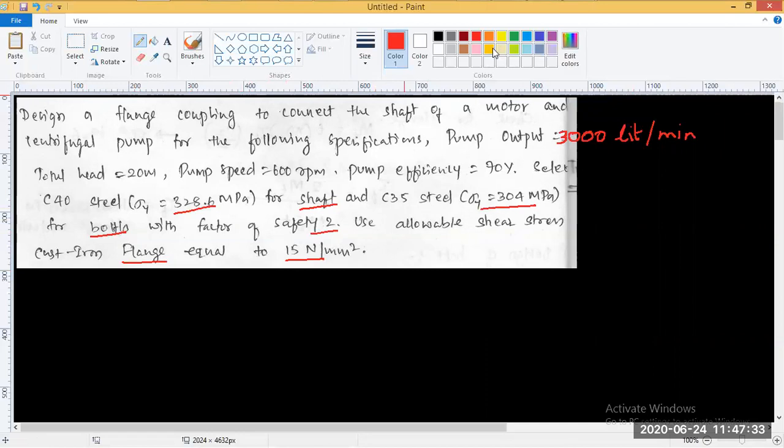Let's write down the data first. Let's say discharge Q. Q is the discharge or output.